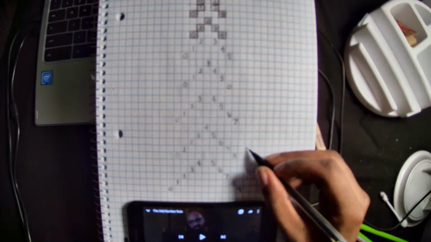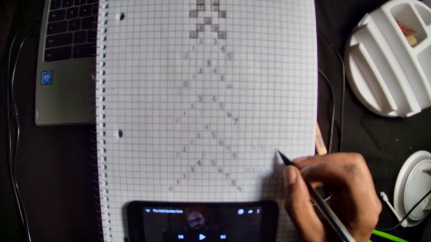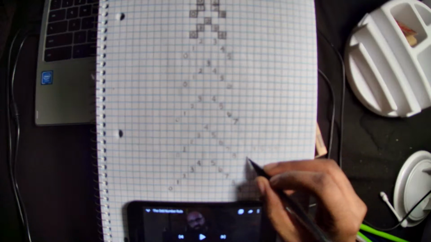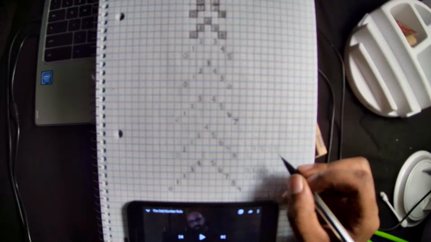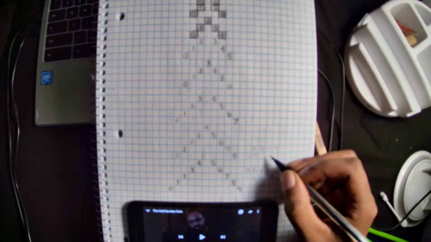If you started off with 1, 3, 5, 7, and then 9, when you get to 11, 1 plus 1 equals 2. So then you end up with 2 right there. Okay. And then after 11, you end up with 13. 1 plus 3 equals 4. So then you end up with 4 right here. Okay.